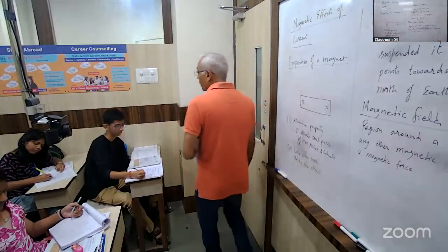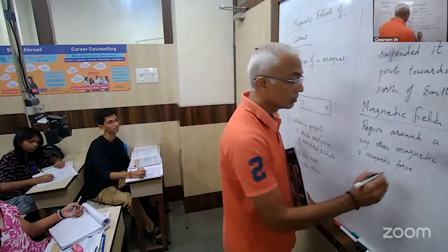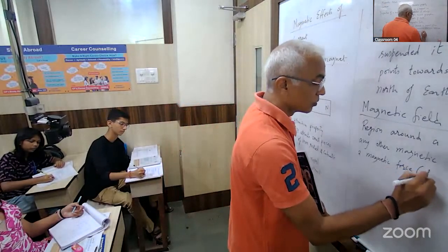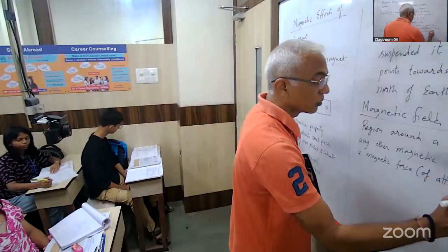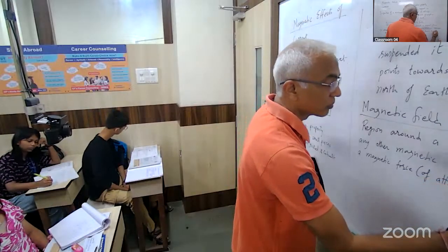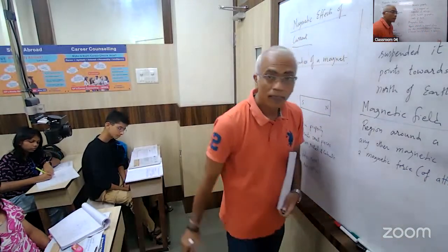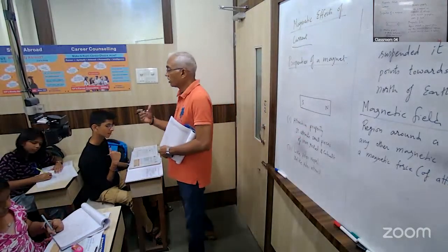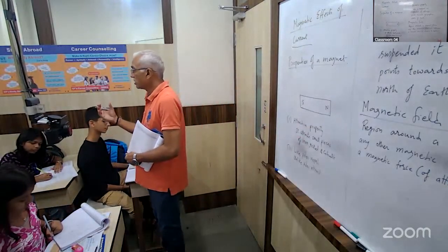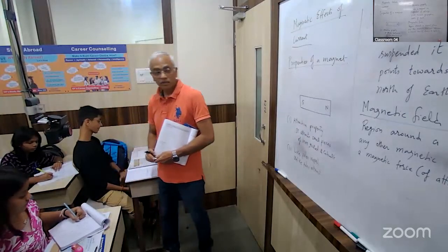So this could be a magnetic force of attraction or repulsion, depending upon the poles. So this force is greater near the magnet. As the distance increases from the magnet, this force reduces drastically.